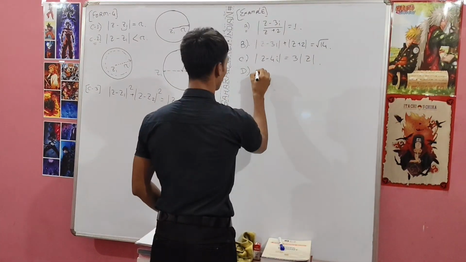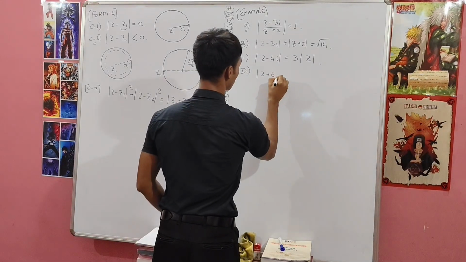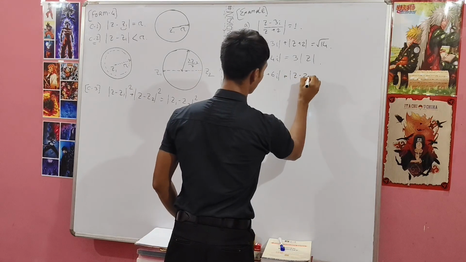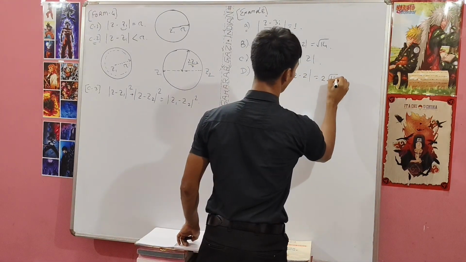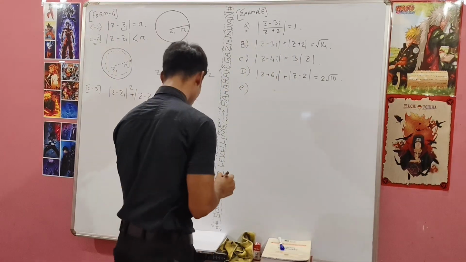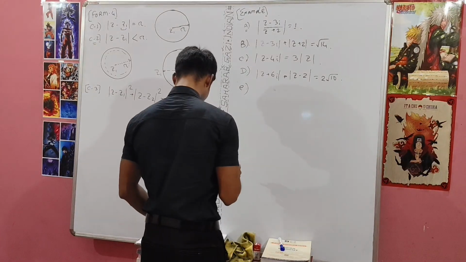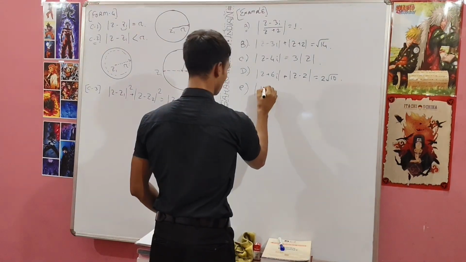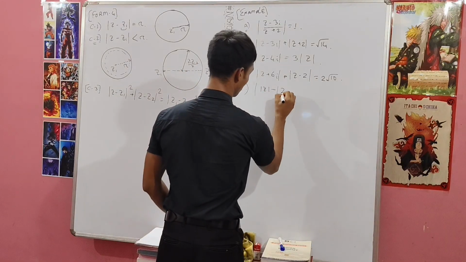Fifth question is mod of z plus 6i plus mod of z minus 2 is equal to 2 root 10.